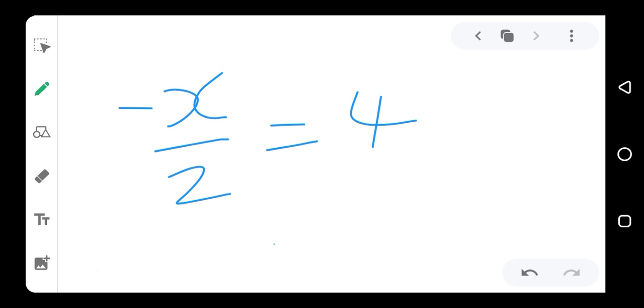If you have minus x over 2, minus x over 2 is equal to 4. For us to clear this minus, we are going to multiply both sides by negative 2.